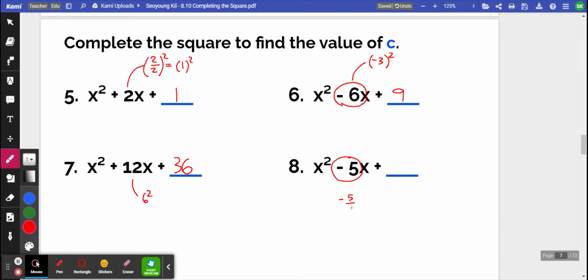And students, work with fractions, because it'll actually save you some time when you get to other later problems. Then once you find half of the b term, you square it to find the c term. -5 times -5 is 25 for the numerator, and 2 squared is 4 for the denominator. So that's how we complete the square for all these 4 problems.